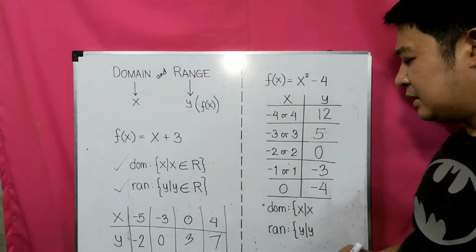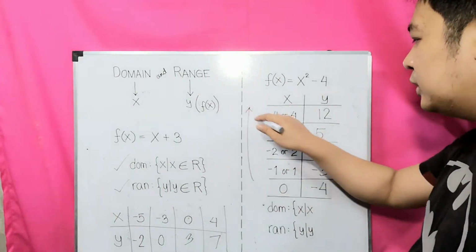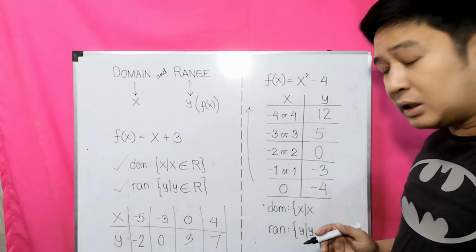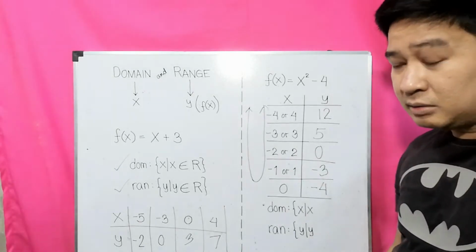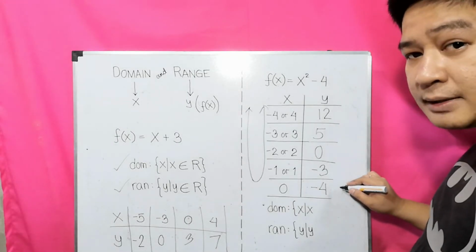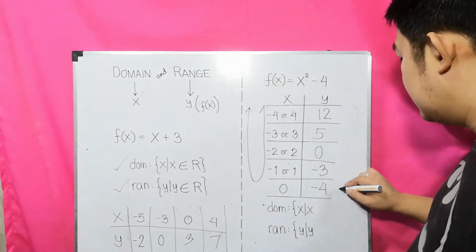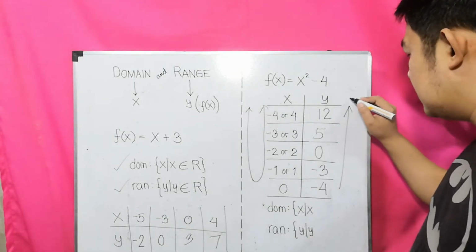So as you can see, if the value of our x is going to negative infinity or to positive infinity, the value of our function f of x or our y is also going towards positive infinity.